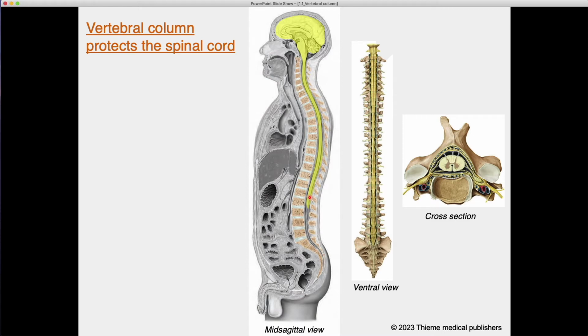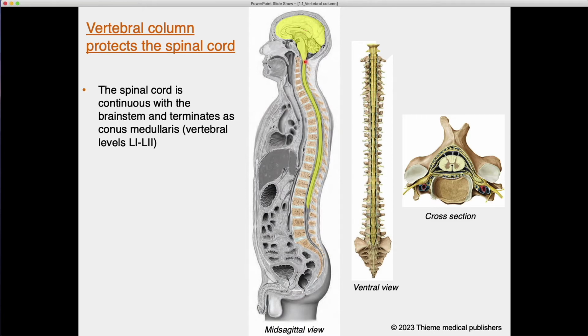The vertebral column holds and protects that spinal cord. The spinal cord is continuous with the brainstem, which is part of the brain. So here we can see the brainstem, and that continues with the spinal cord, which ends at approximately the levels between lumbar vertebrae 1 and 2.